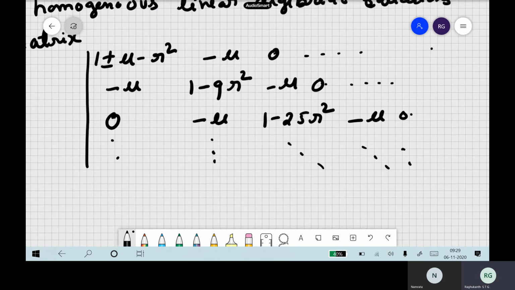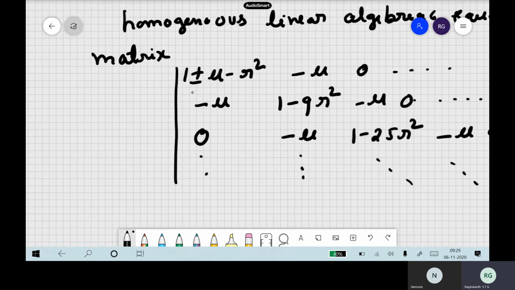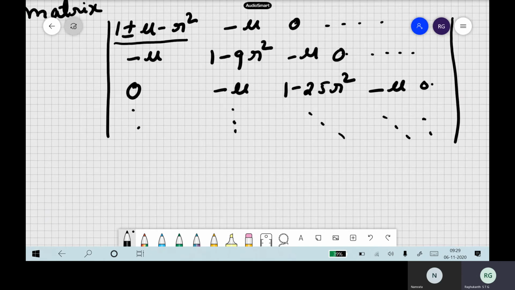So this is how the matrix comes. This 1 plus or minus mu: 1 plus means you will have A, 1 minus mu means you have B itself. So these come out as values.